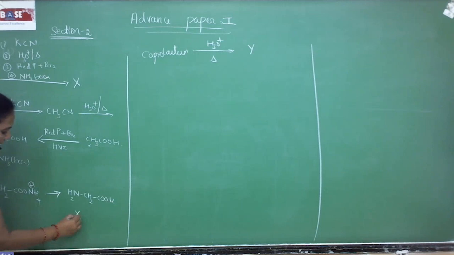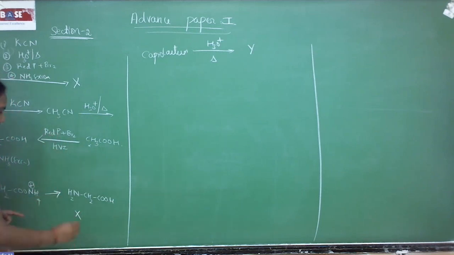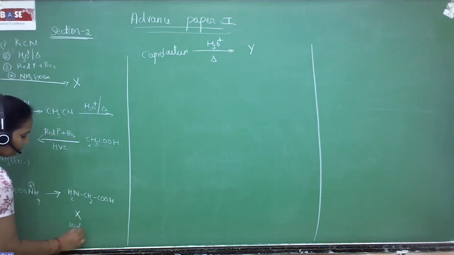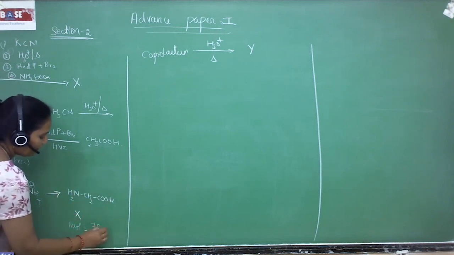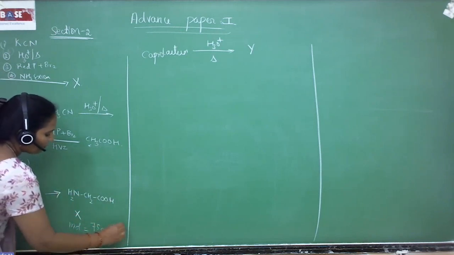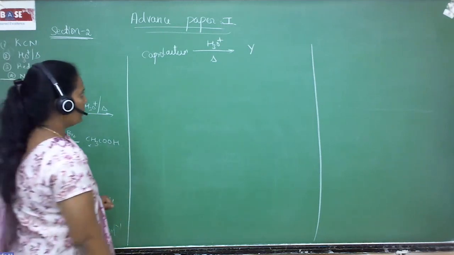Okay, so this is X. Now they're saying this is a monomer. We need the molecular mass of this. So the molar mass of this glycine, you just find out. It will be 7 plus 12 plus 12 plus 16 plus 6. Everything when you calculate it, you're going to get it as 75 grams per mole. So this is the molar mass of glycine, 75.